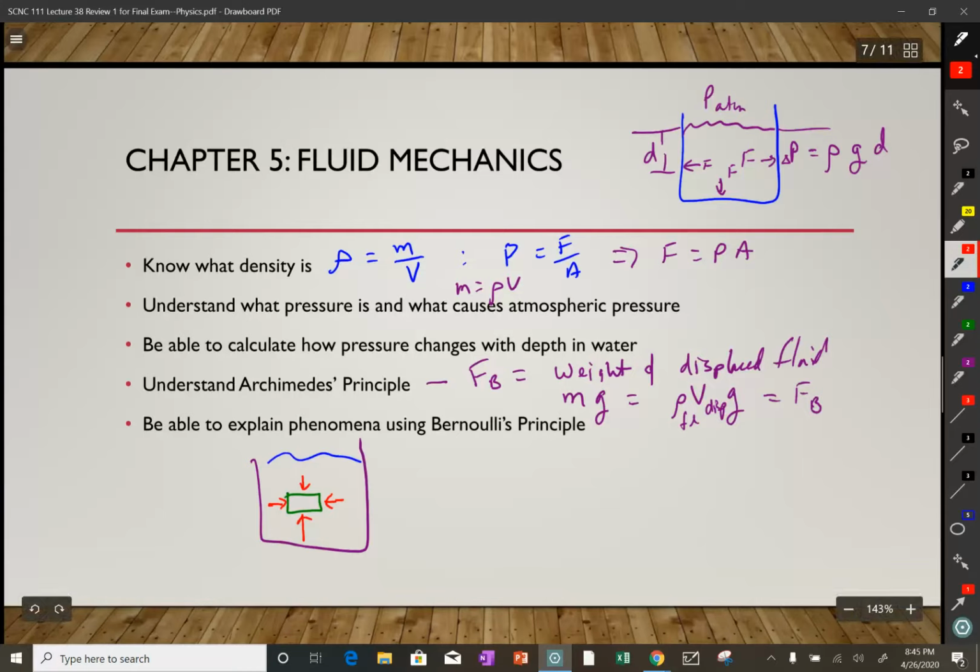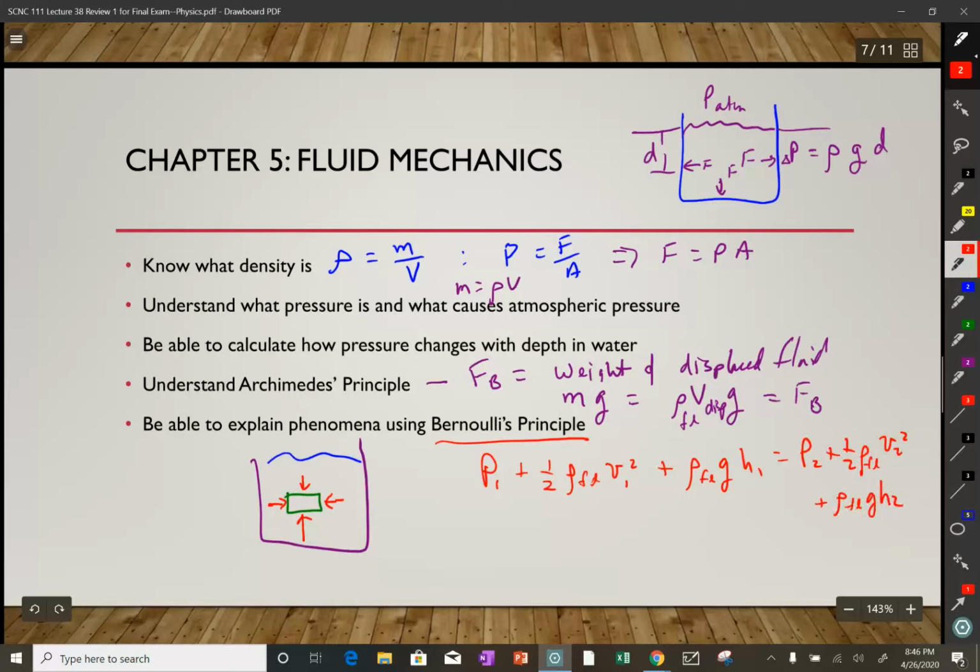Now, the final thing here in fluid mechanics is Bernoulli's principle. Bernoulli's principle says that faster flowing air has a lower pressure. So we have pressure 1 plus 1/2 rho of my fluid V1 squared plus rho of my fluid g h1 equals pressure 2 plus 1/2 rho of my fluid V2 squared plus rho of my fluid g h2.